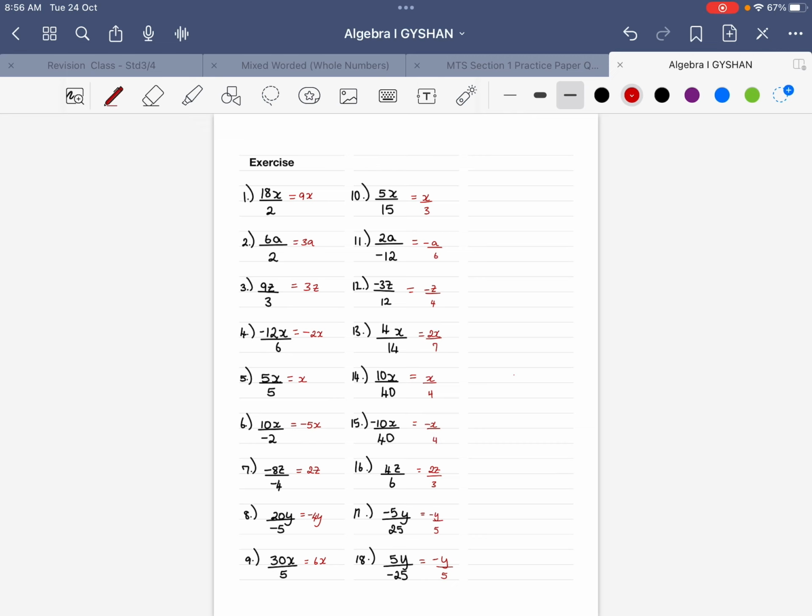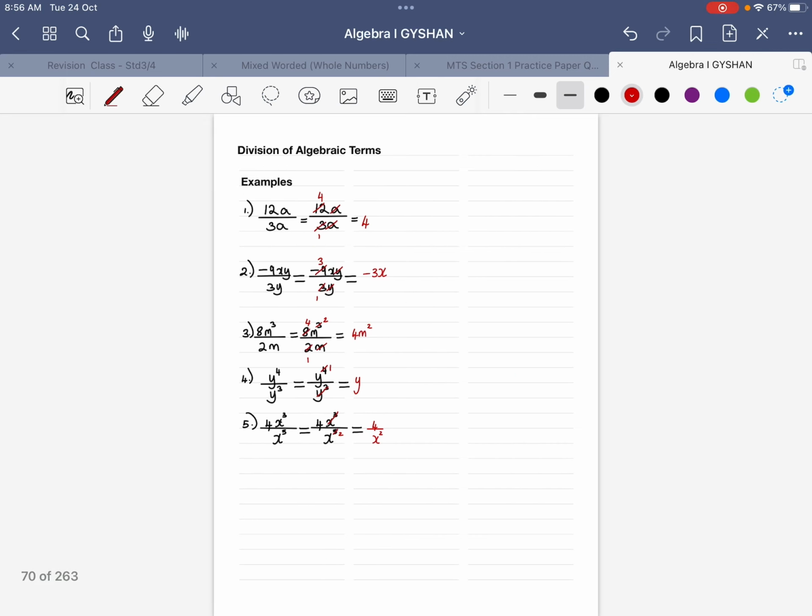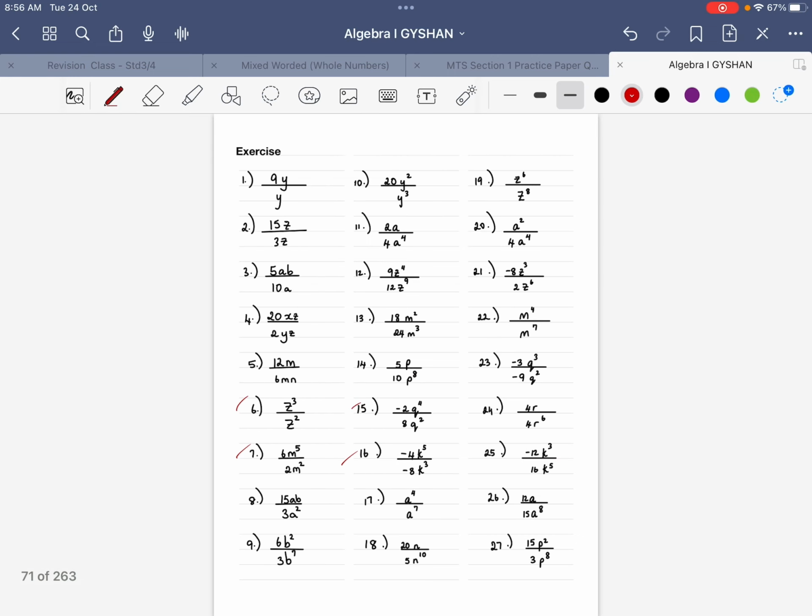And moving on. Here we have a few more examples. These are similar to what we did before. You all can take these down. And now let's try some more questions.